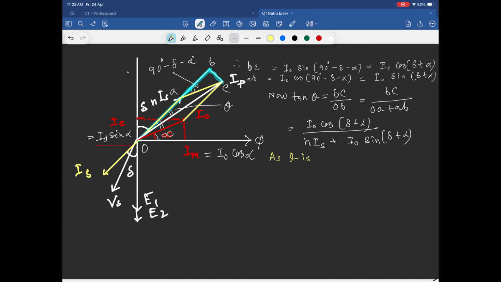As theta is very small, we can write tan theta is equal to theta, in radians.